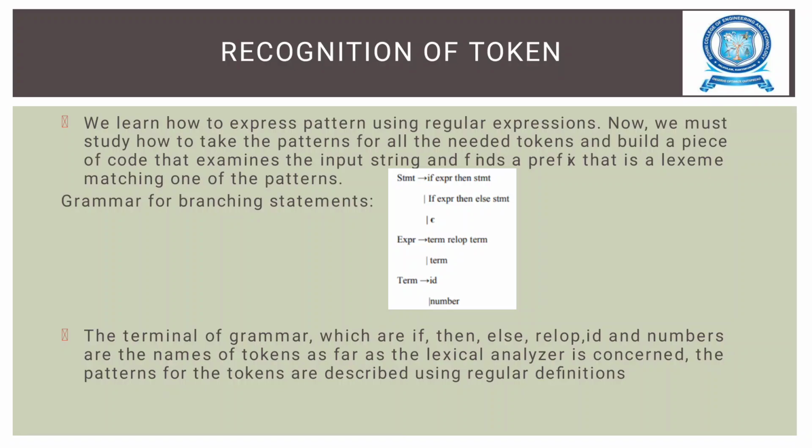Here the example is a conditional statement: an if statement must start with if, then an expression, then statements. The statement may be an if-then-else statement, or epsilon, which can be defined by some rules. So there is a grammar for identifying the token.